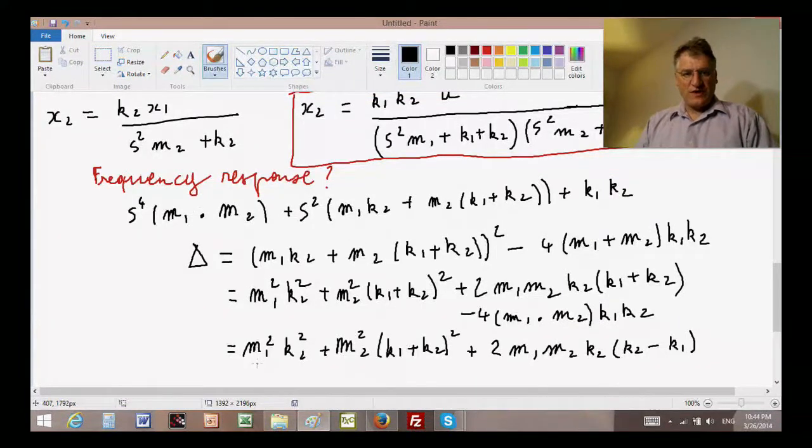Now, the question arises as to whether this quantity is always positive, maybe, or always negative.